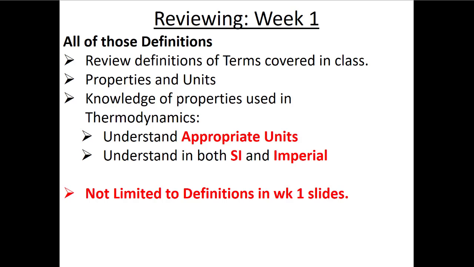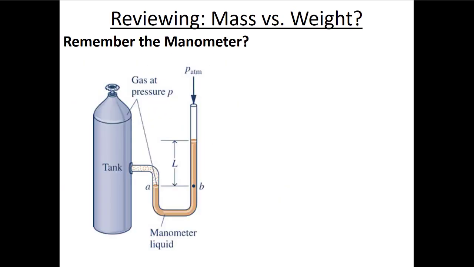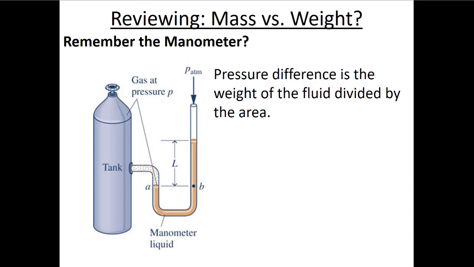We've talked about things like polytropic processes, where PV to some exponent is equal to a constant. We've talked about adiabatic processes, where Q is equal to 0. So we have some terms that we need to know the definition of that weren't necessarily covered in that first pre-week of learning. We did talk about mass versus weight before we got into class.